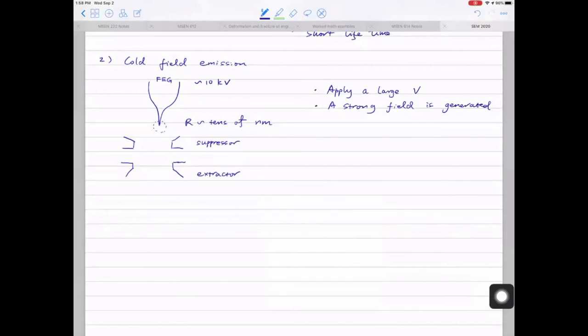There's a relationship between the strength of the electric field and the tip radius. The strength of the electric field is proportional to 1/R, so the sharper the radius, the higher the electric field. Then when the electric field is large enough, it will be able to kick out the electrons, and these electrons can be extracted and accelerated in the column.